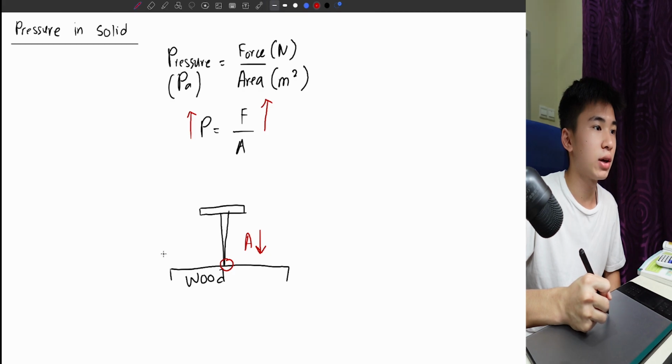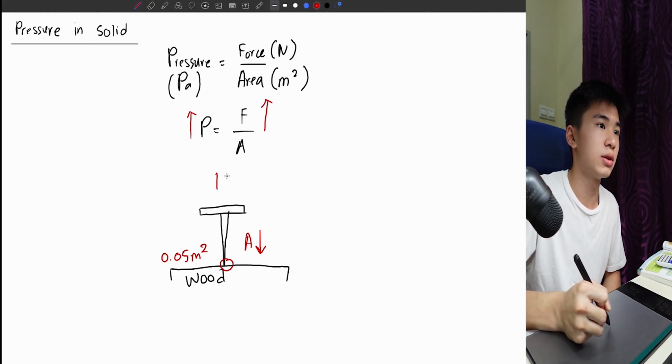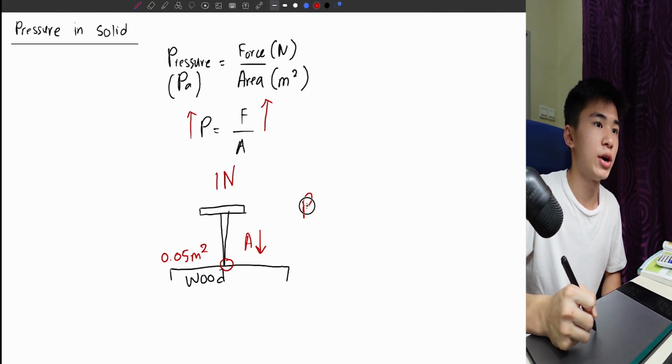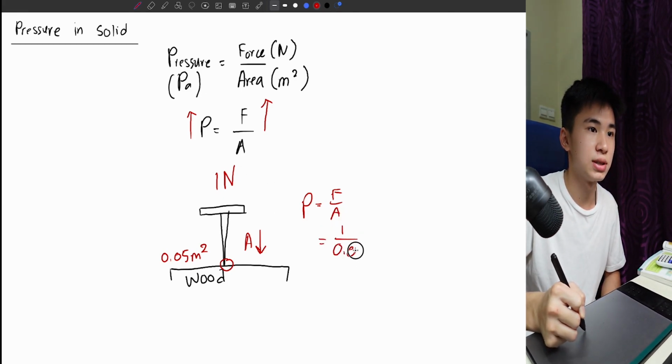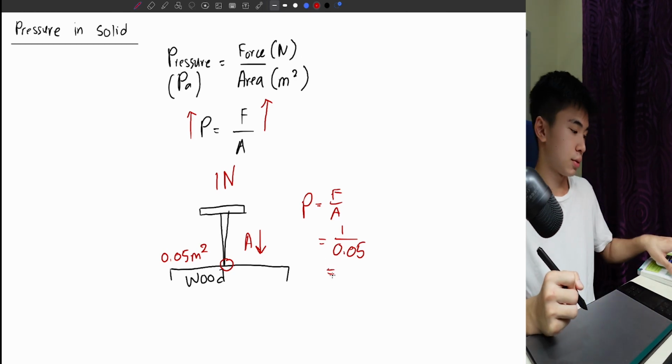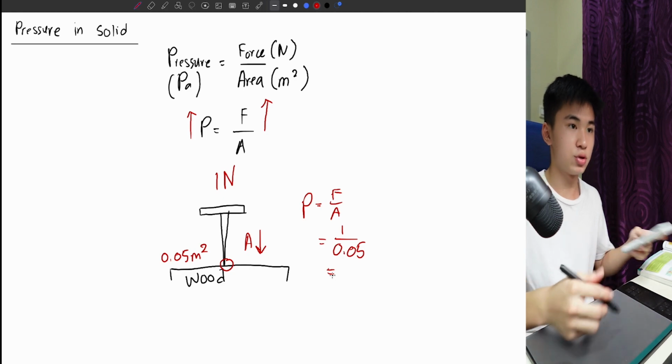Let's say the area right here is 0.05 meters squared, and we apply 1 Newton of force. So pressure equals force over area, which is 1 over 0.05.